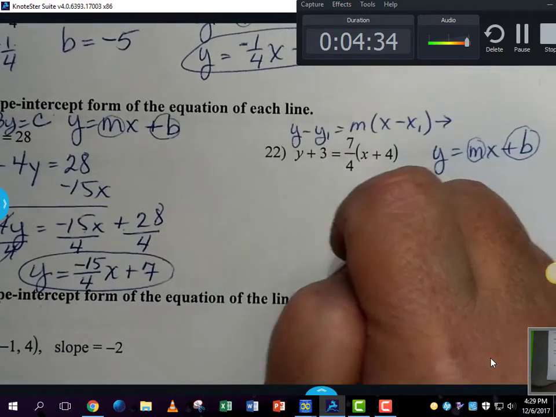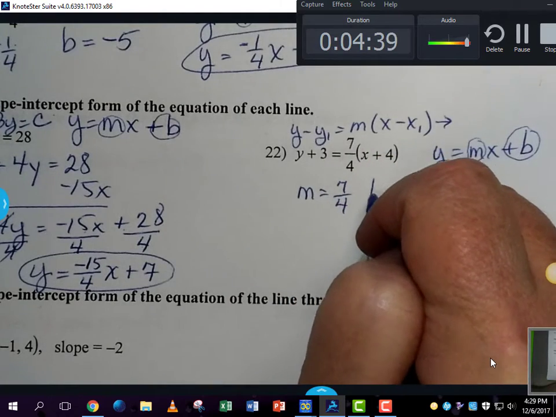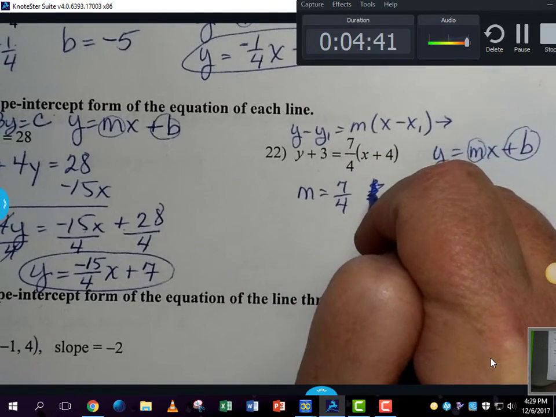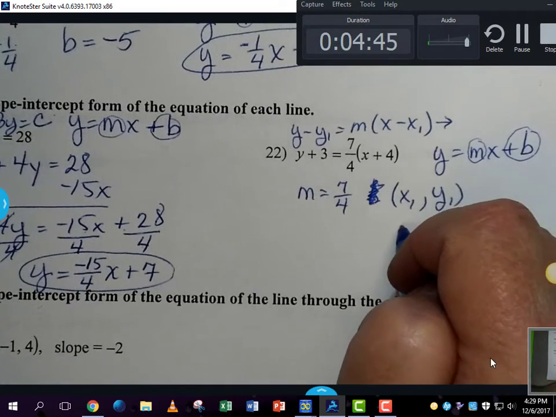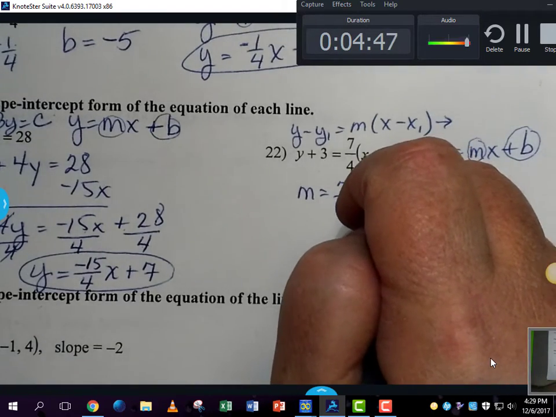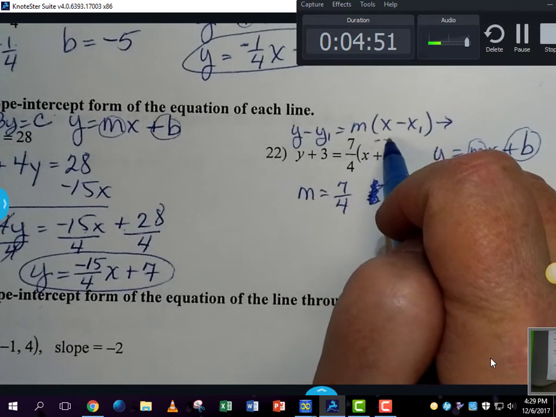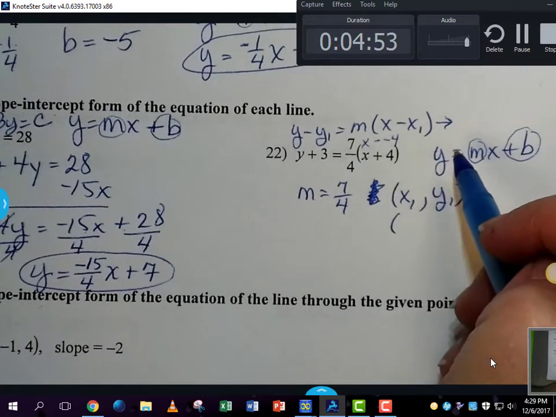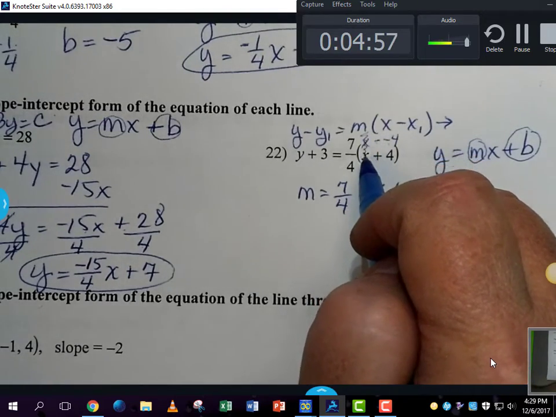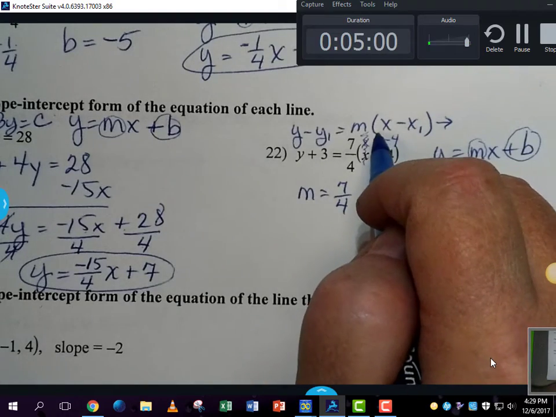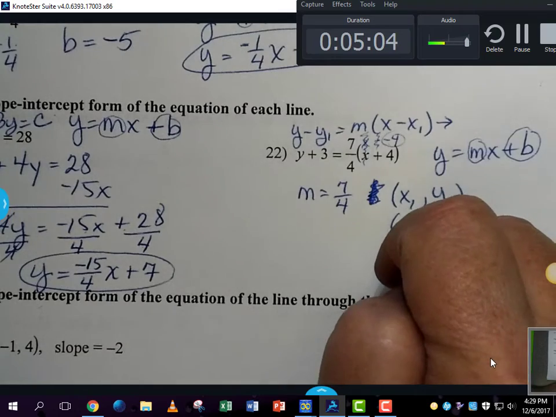So they're telling us that m equals 7/4 and a point on the line, x1 comma y1. Now don't forget, cancel out that x in your mind and then subtract a -4. When it's a positive, it came from subtracting a negative. So I'm eliminating the minus sign in my mind. One of my numbers is -4.